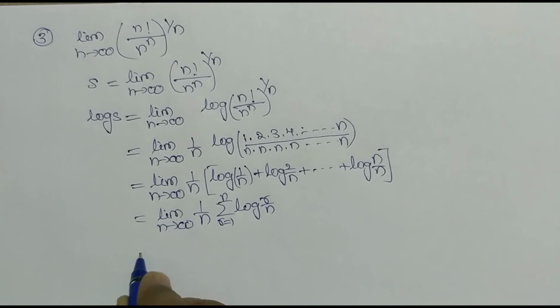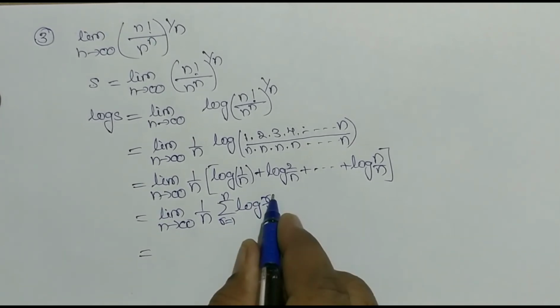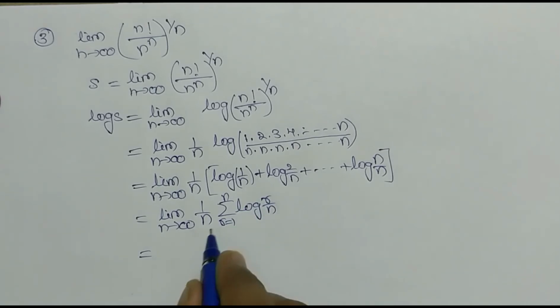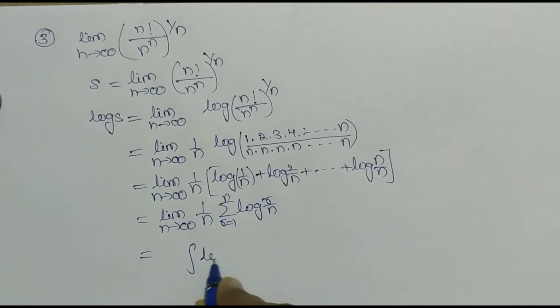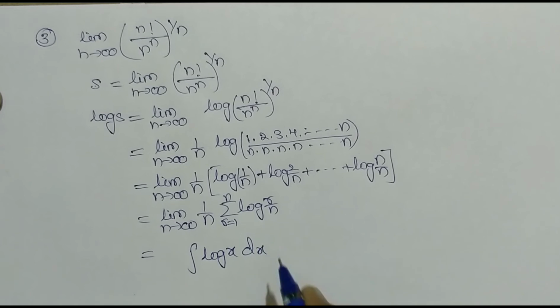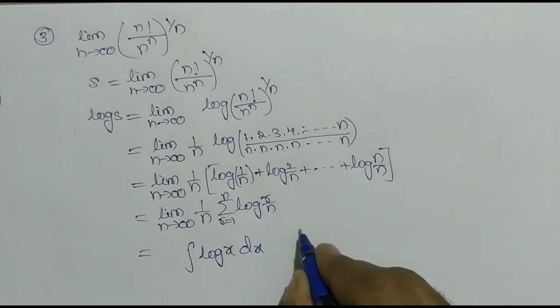So now you can replace 1 by n by dx, r by n by x, and limit sigma by the integration symbol. Log r by n is log x, 1 by n is dx. Now the question of upper limit and lower limit.